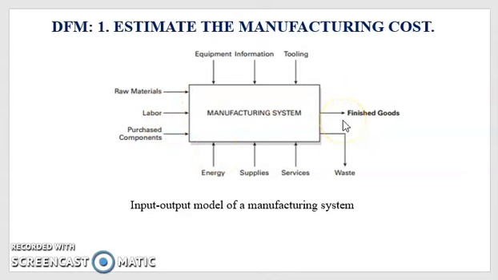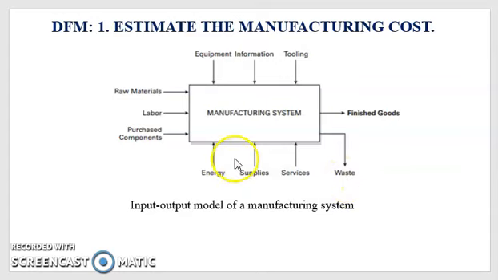The outputs are finished product and waste. Manufacturing cost is the sum of all the capital invested for the inputs to the system and also the cost used for the disposal of waste produced by the system.